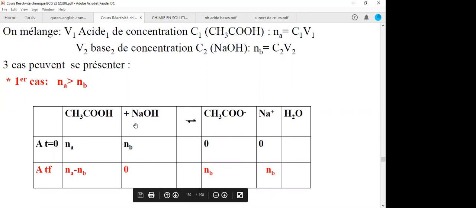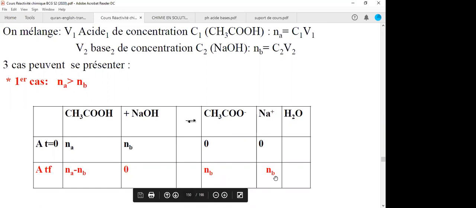The number of moles of the base that remained is 0 because it was the limiting reactant, and the number of moles of the conjugate base formed, and of the sodium ion formed, equals the number of moles of the base that was there initially.